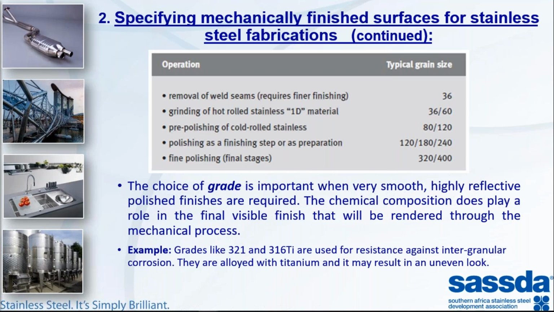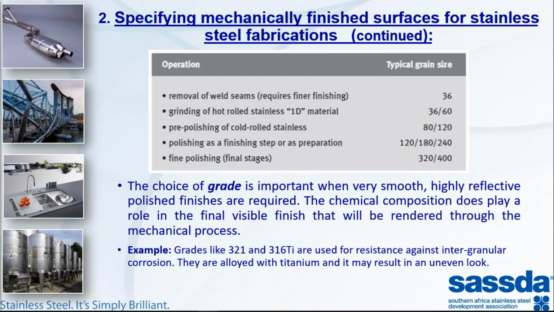So the choice of grade of material, this is a good one to remember, is also important when you want a very, very smooth or highly reflected polished finish. The chemical composition is important here, especially on tubular products. Many of these grades are alloyed with some titanium, like grade 321 and 316Ti.